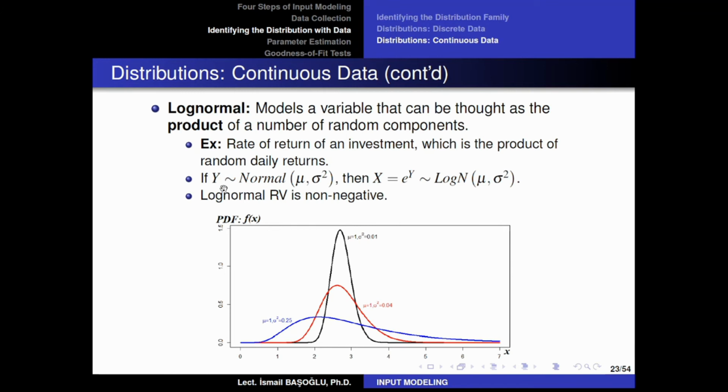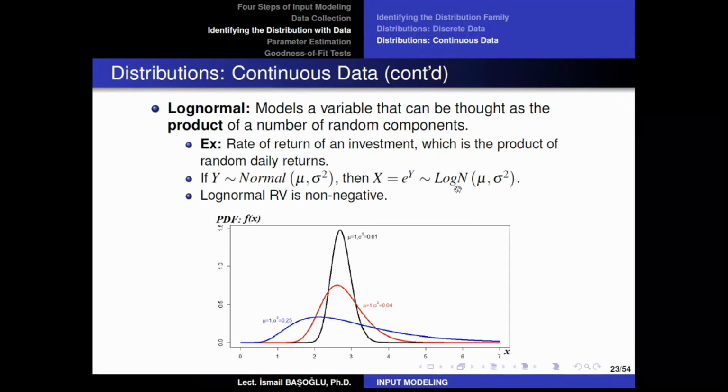For example, if y is normally distributed, and you define x as e to the power y, then x is going to be log normally distributed. Again, it is going to have the location and the scale parameters mu and sigma square. However, the expected value of x is not mu and the variance of x is not sigma square.